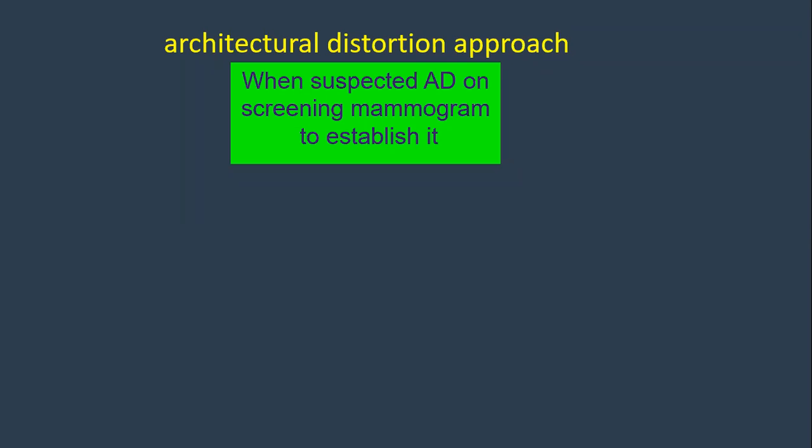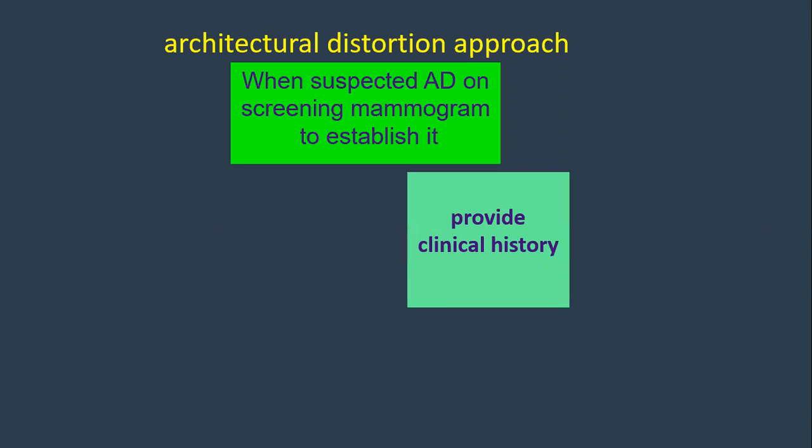Ultrasound. Okay. So if you suspect architectural distortion on screening mammography, first of all, establish the clinical history. The patient might write something significant. She might have a palpable abnormality, she might have pain, she might have whatever.